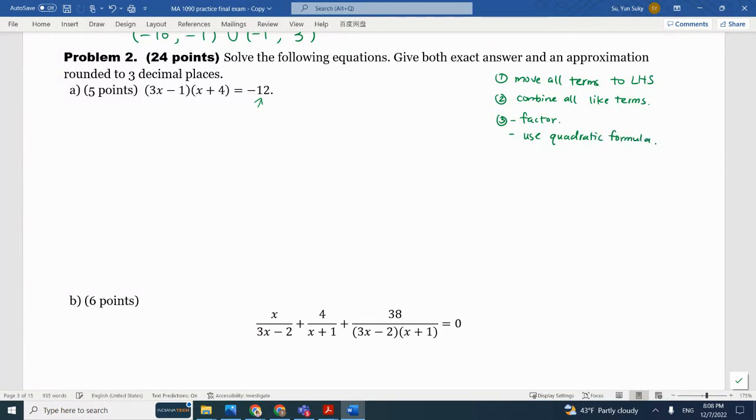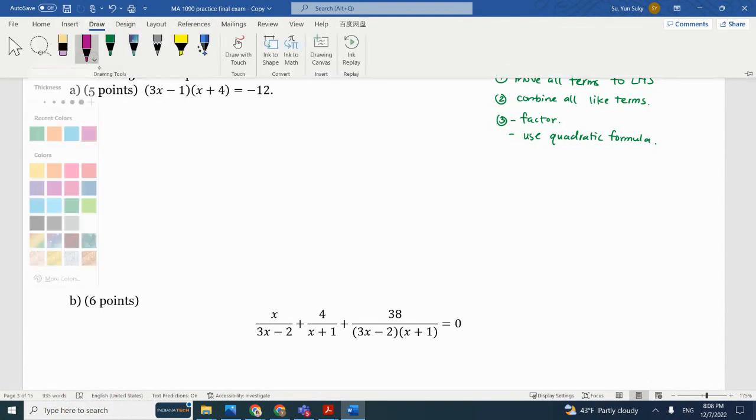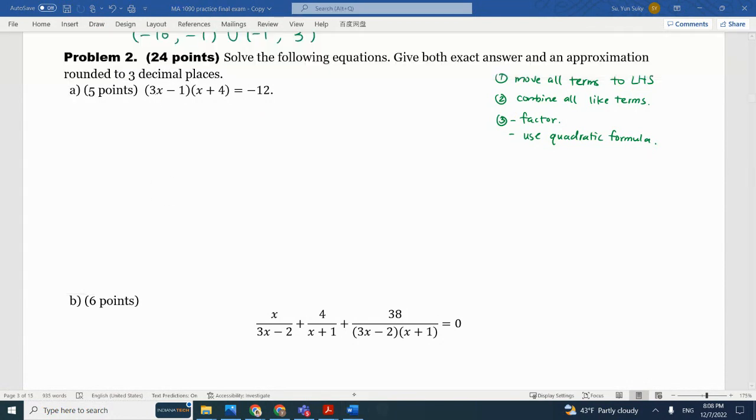to solve for x. Therefore here, we can expand it first. So expand it. 3x times x is 3x squared. 3x times 4 is 12x. -1 times x is -x. -1 times 4 is -4.